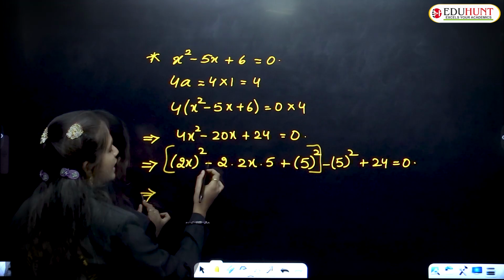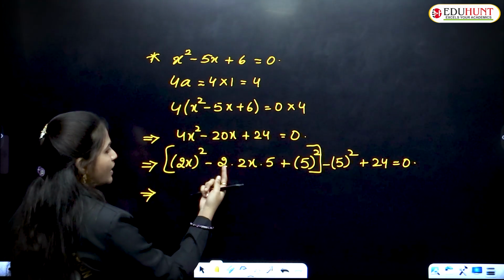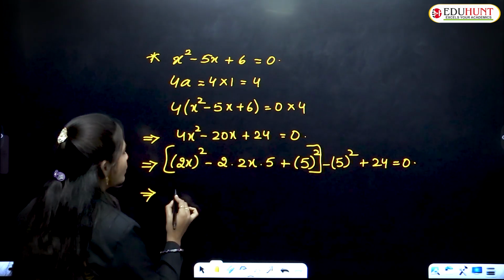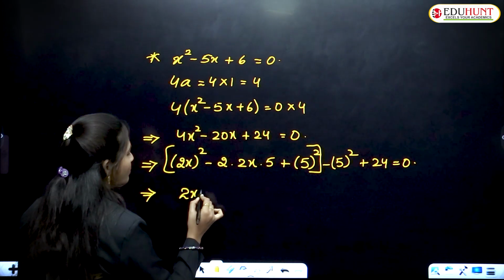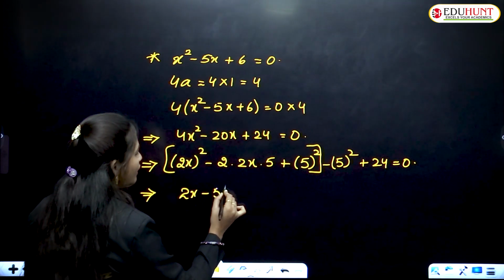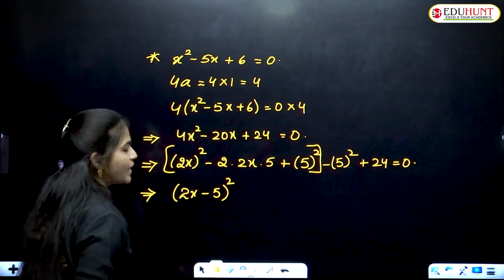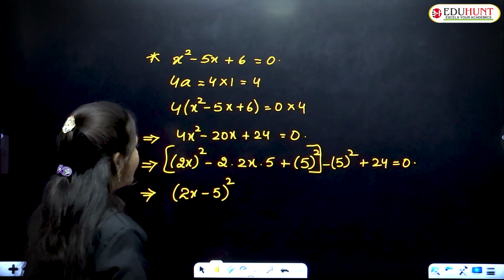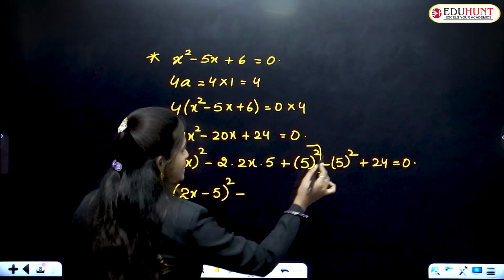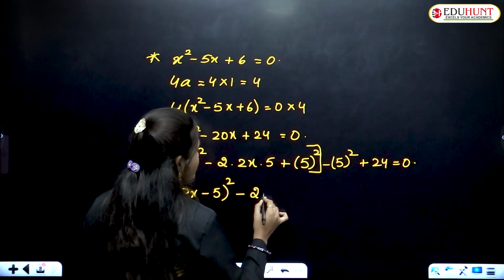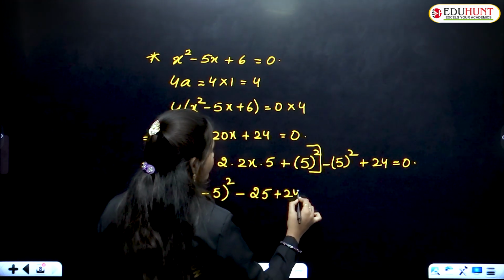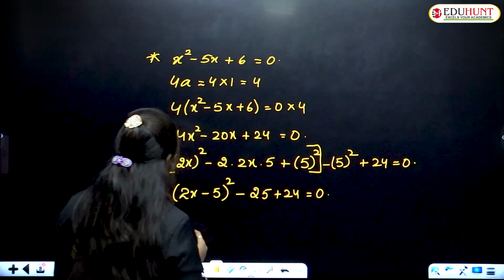Clear? So here minus is there. So a square minus 2ab plus b square, the a minus b formula. So a minus b whole square, 2x minus 5 whole square, minus 5 square, that is 25, plus 24, which is equal to 0.